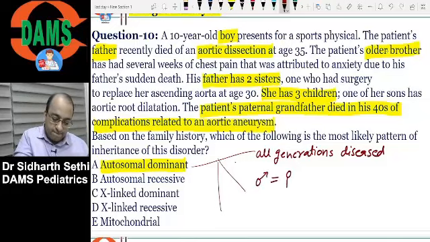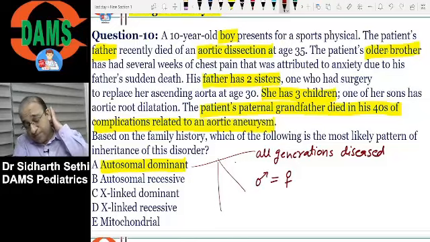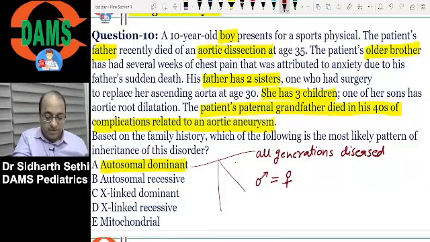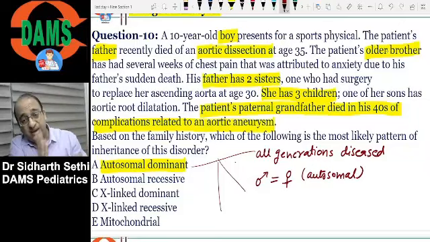Can you see? The sister got it, the brother got it. So equally occurring in boys and girls means it is autosomal. Listen to me carefully, because every exam would have a pedigree like this. All generations diseased, dominant. Equally occurring in males and females, autosomal.